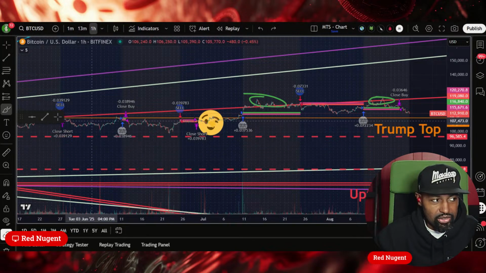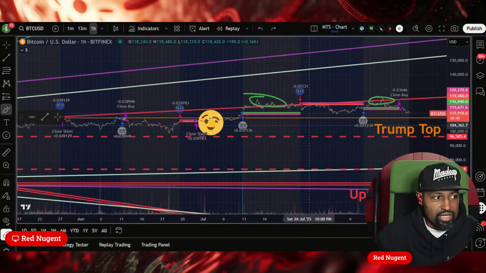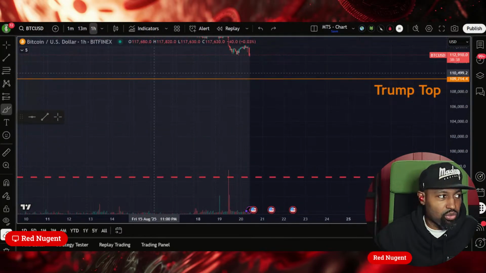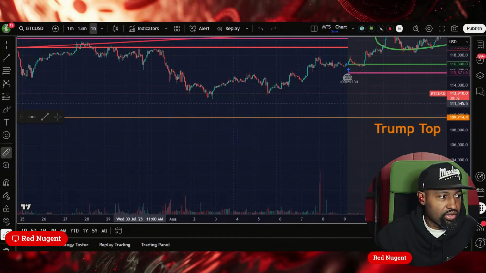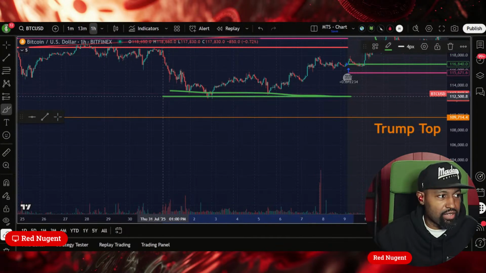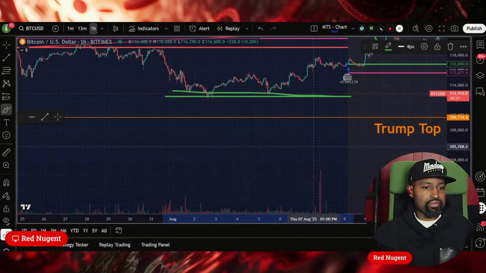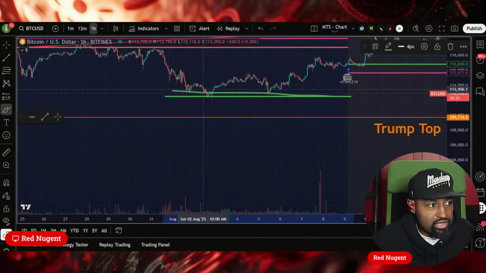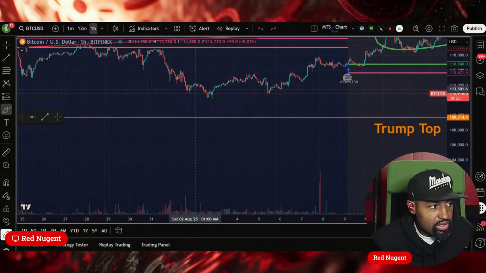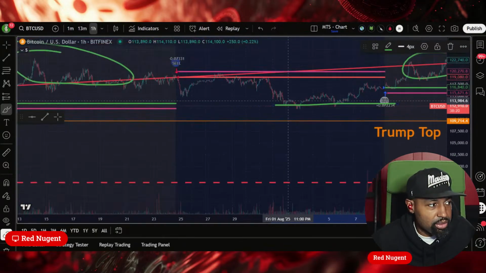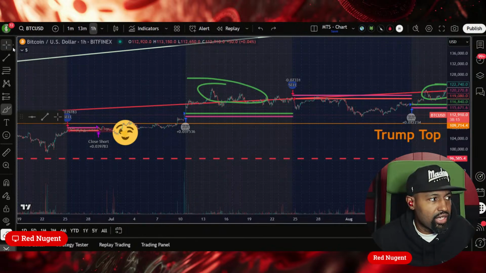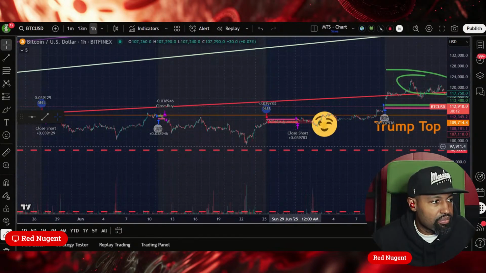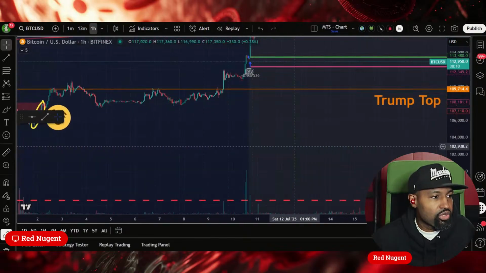It coincides with that red line that we keep bumping up against and can't get any traction. What we have to watch today in this trading zone is this level. We're right there right now. If we break this level, like I talked about on yesterday's stream, then we are looking at further downside on Bitcoin, potentially to Trump's top.